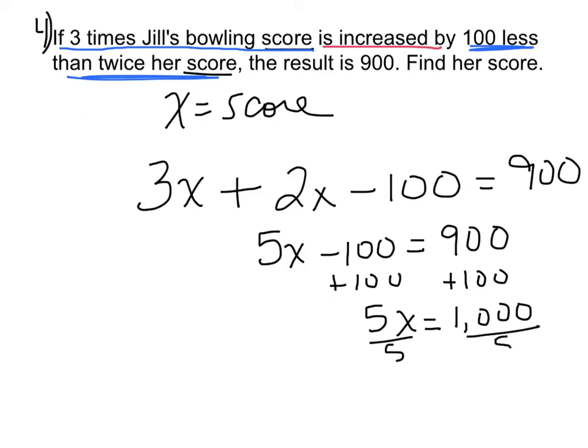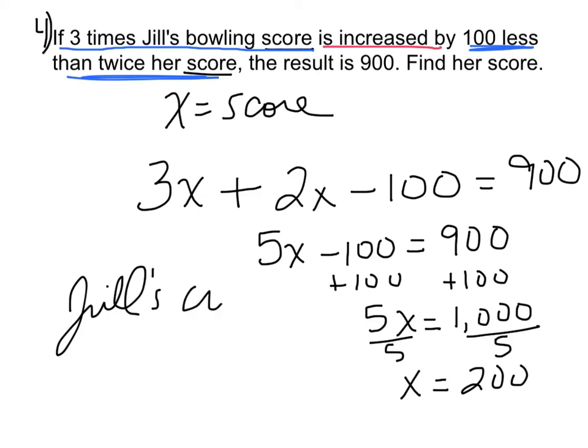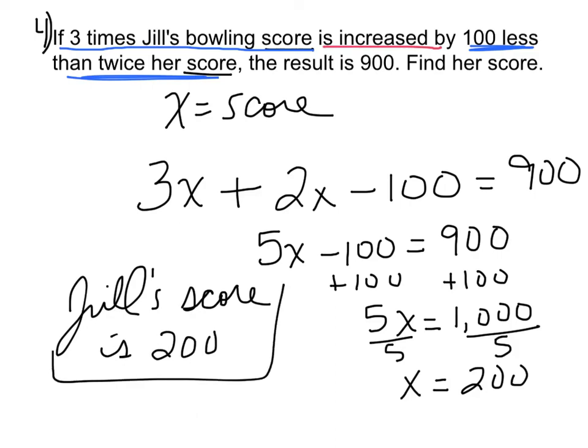Divide by 5. And x equals 200. And so what is her bowling score? Jill's score, let me rewrite that. Jill's score is 200. And that would be your answer.